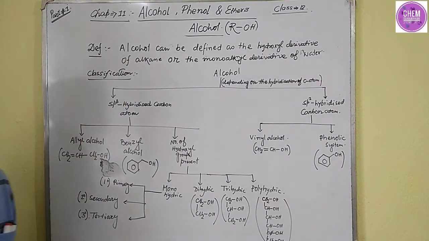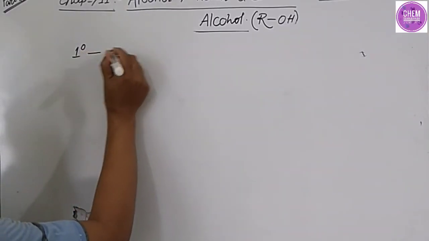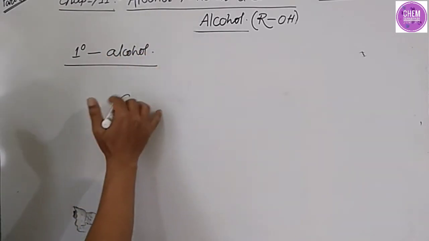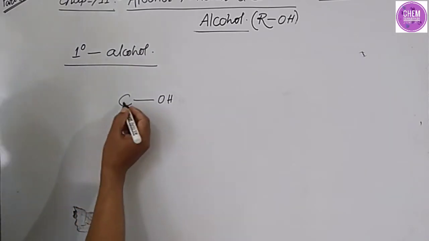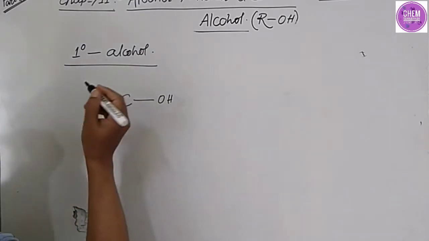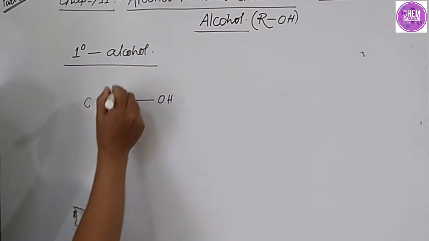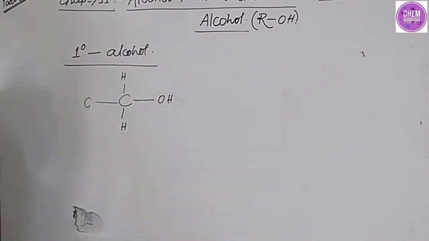Now primary alcohol means 1 degree alcohol. What is 1 degree alcohol? It means the hydroxyl group is attached to a carbon atom which is linked to only one other carbon atom. So there must be 2 hydrogens, that means a CH2 group.